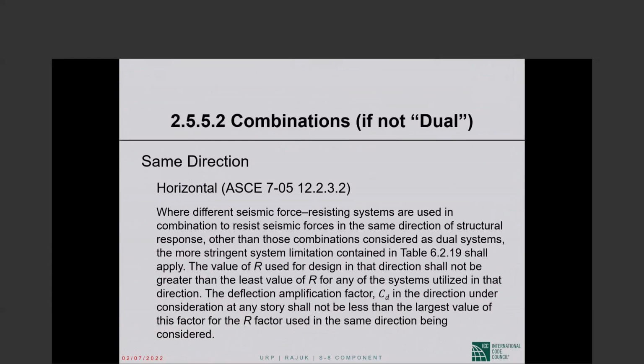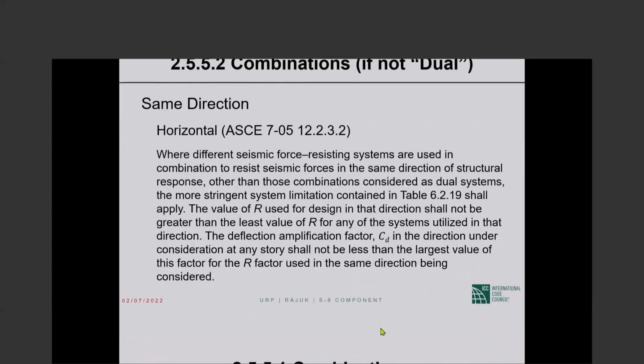Because there may be more than one system with the same R value in the combination. There may very well be more than one structural system that have the same R values. In that case, you shall take the larger C sub D, or the largest C sub D, for that same R value. If you have 3 systems strung together that have the same R value, but the C sub Ds are different, you will take the largest C sub D. Okay, so this is a little bit of a tricky language.